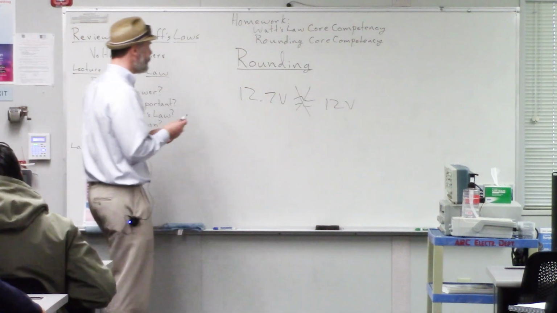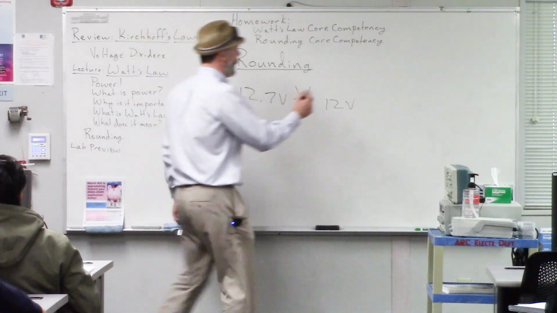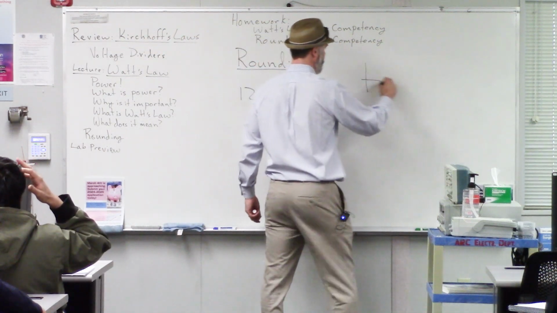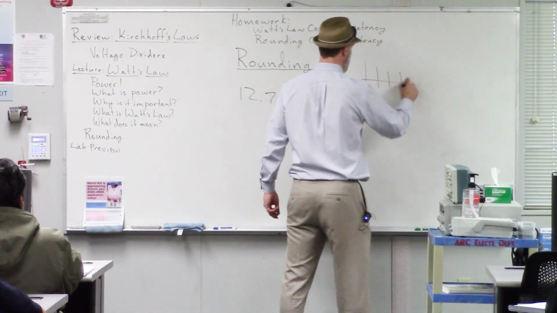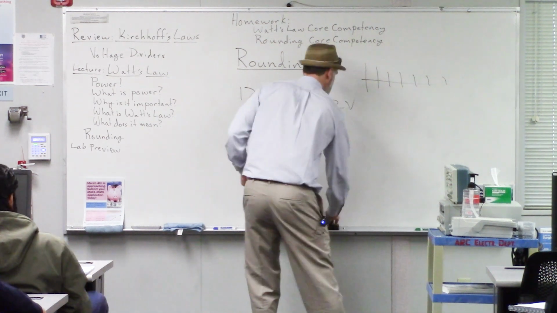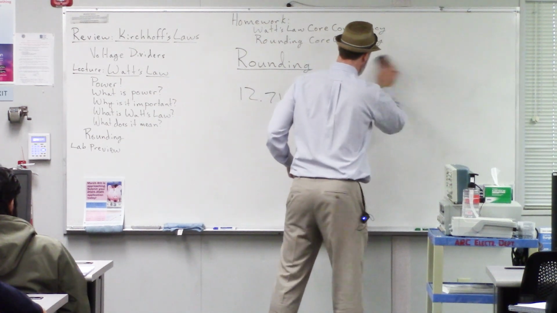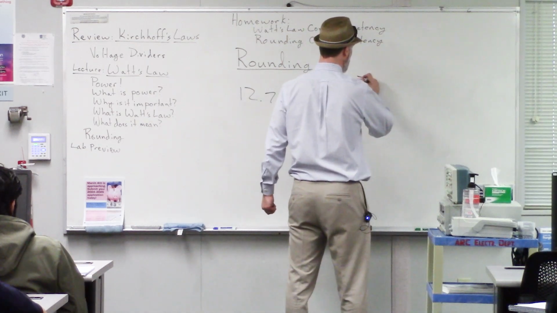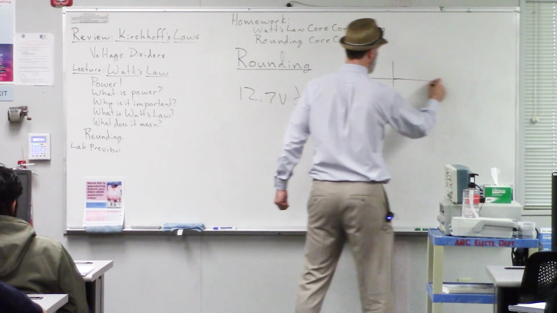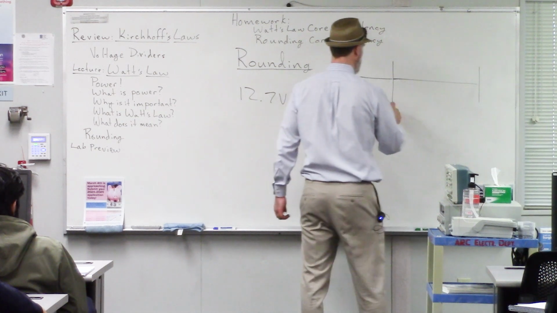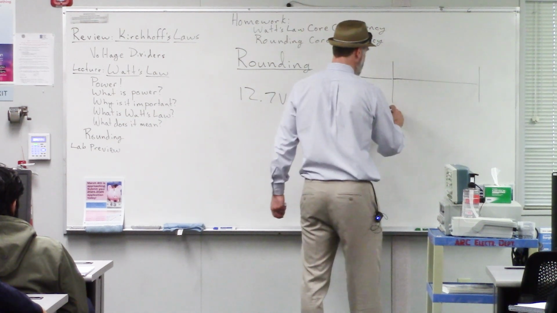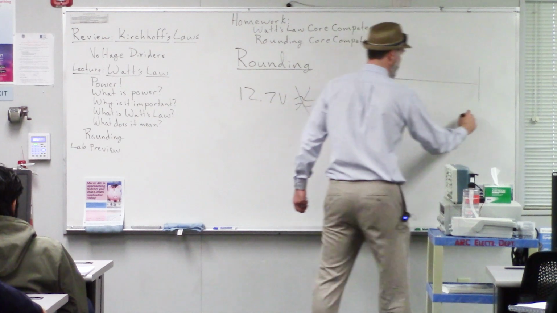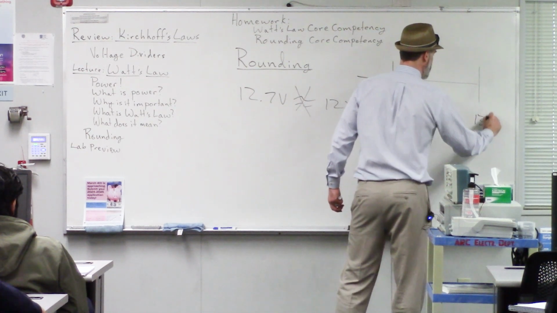Imagine you got this number line, right? We're starting at 0, 1, 2, 3, 4, 5, 6, and it goes on, and you make your measurement. Well, on that number line, your measurement is 12.7, so that's somewhere between 12 volts and 13 volts, okay?